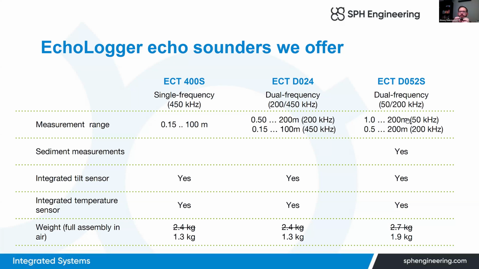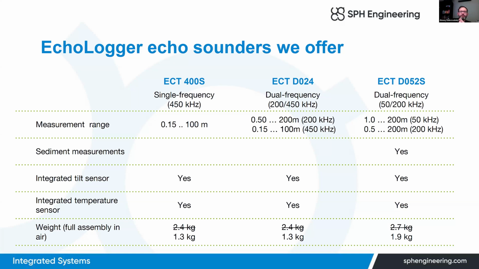What is a dual frequency echo sounder? Technically, it's two echo sounders with different acoustic frequencies combined in the same casing. So they do measurements using high frequency, the next ping will be using low frequency. I will explain the benefits of every system.